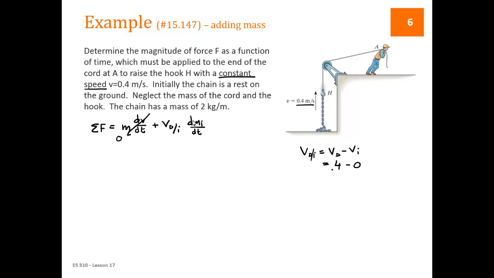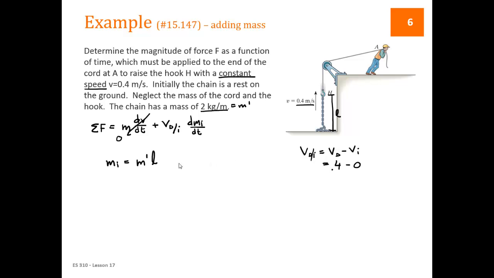Now let's take a look at this dm_i/dt. The mass injected is the mass of the chain. The mass of the chain is changing with time, because as we're moving upwards, we're getting more and more chain. At any given point, the mass of the chain is the mass per length, which I'm going to call m prime because it's not really a mass, it's a mass per length, times however long the amount of chain is that's currently hanging from the hook.